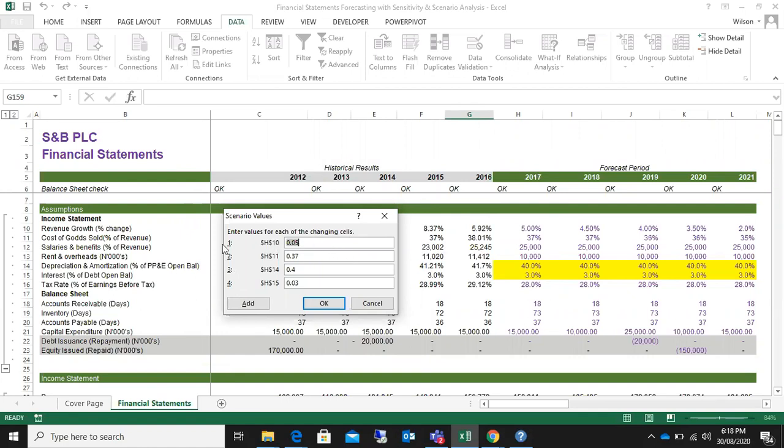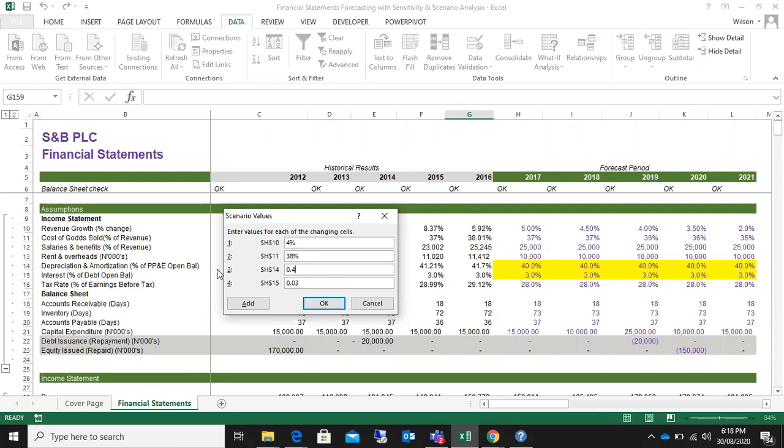So if we are pessimistic, revenue growth is not going to be 5%. It's going to be 4%. Cost of goods sold, we are pessimistic, so it's going to increase to 38%.